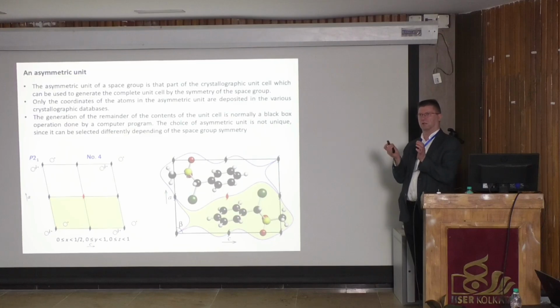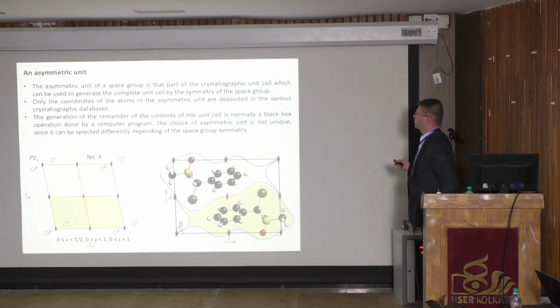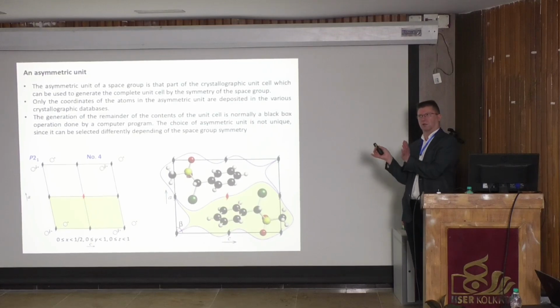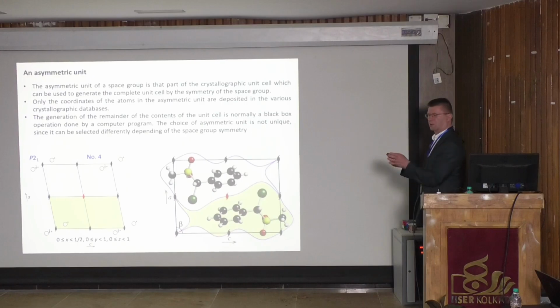So the unit cell is divided into asymmetric units. It's a part of the unit cell which can be used to generate the complete unit cell by the symmetry of the space group, the symmetry of the unit cell itself. So the symmetry operations are creating the rest. And we call that part an asymmetric unit.